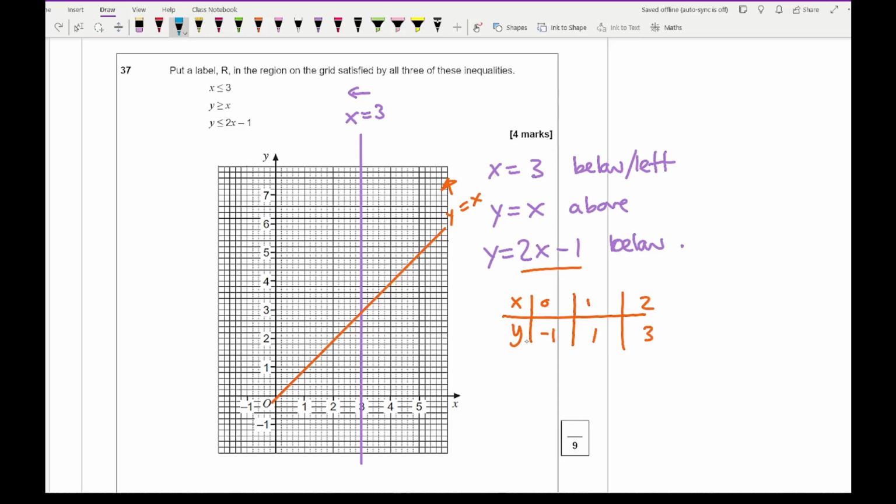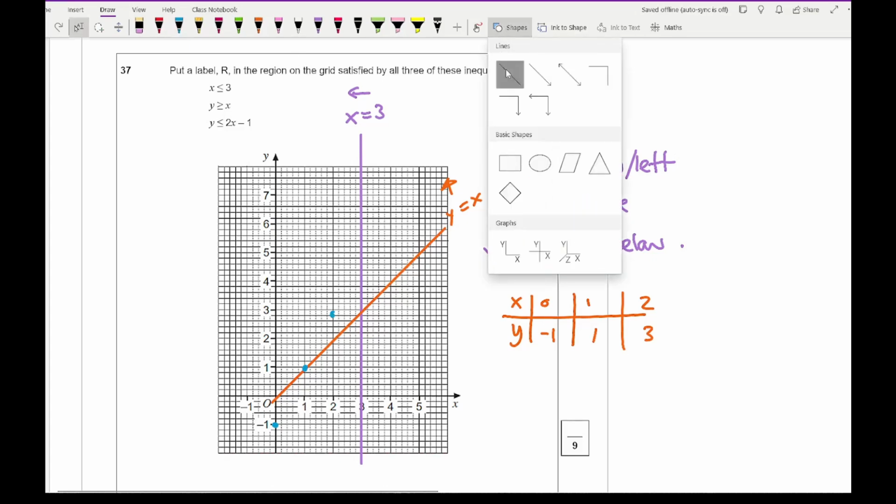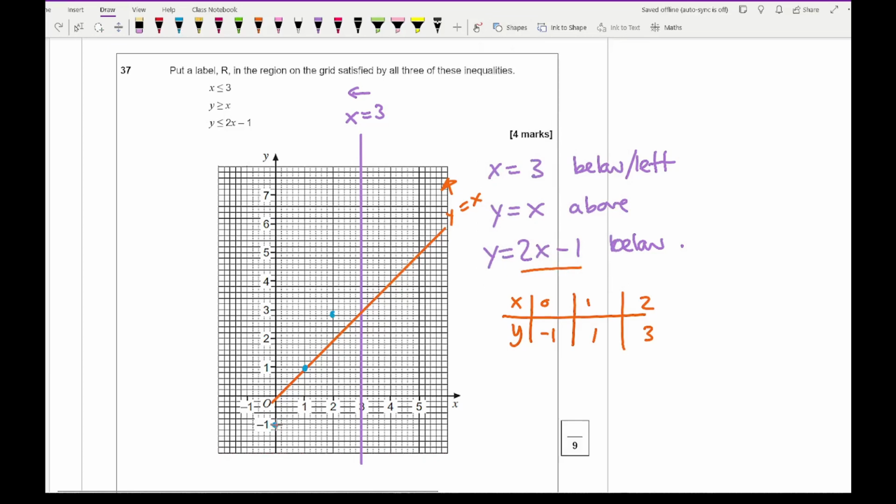We've got 0, minus 1, which is here, 1, 1, which is there, and then we've got 2, 3, which is there. So then if I get the ruler or straight edge to plot those points, and which it doesn't do, so let me just neaten this one up.